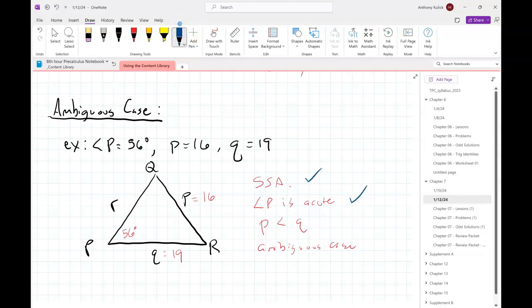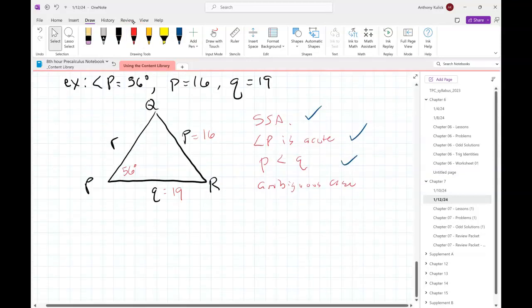Our angle that we're given is acute, and the side opposite the acute angle is the smaller side of the two givens. Those are the conditions for that ambiguous case. Is everybody clear as to there's 3 things we need to check through before we can conclude that it's in this worst case scenario.